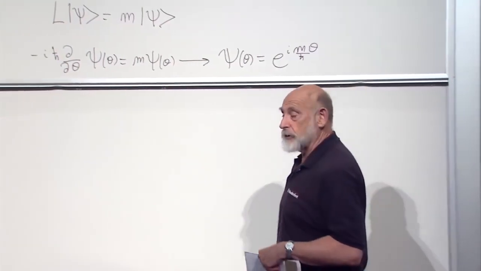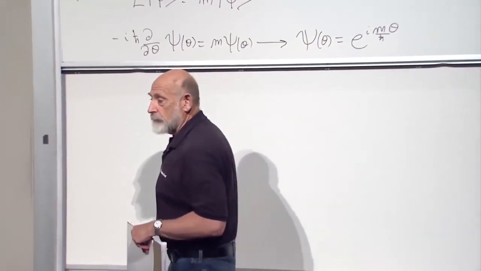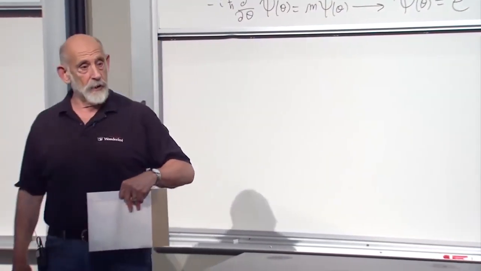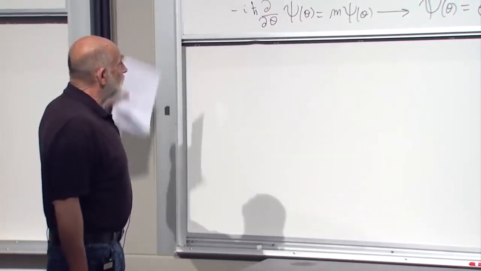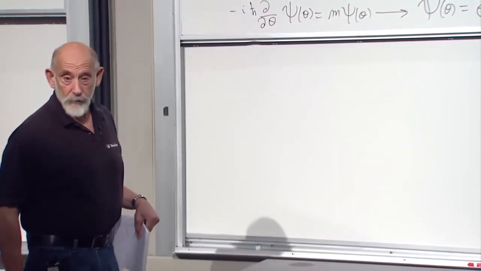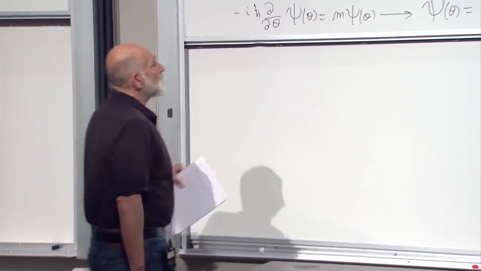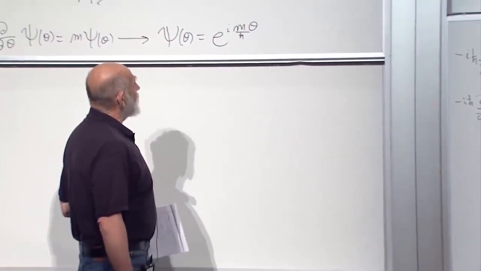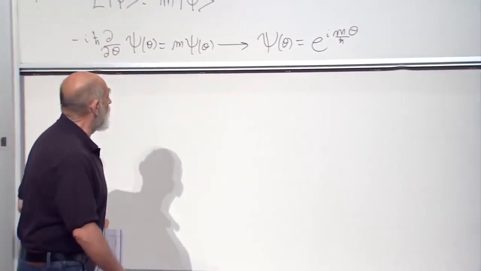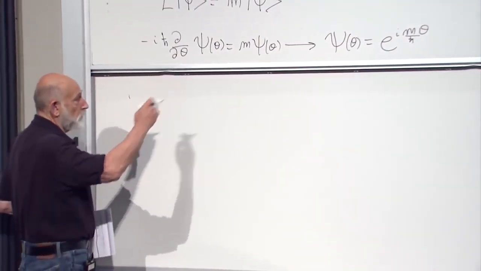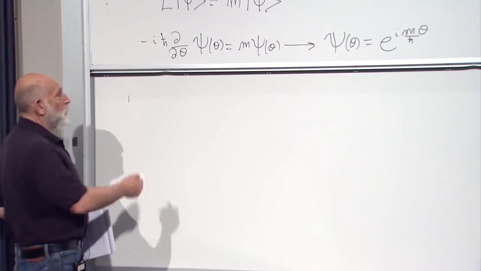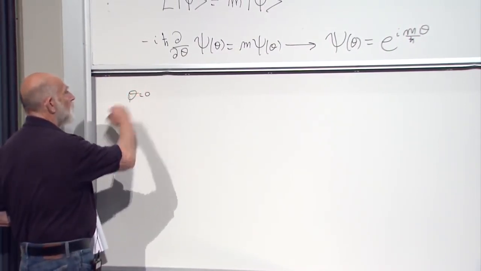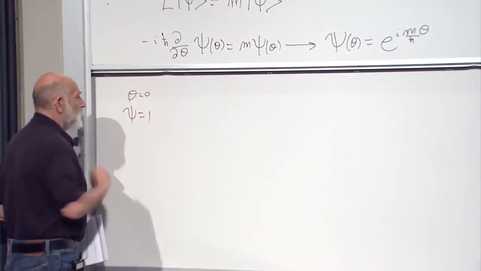And so if there's a sensible wave function, that sensible wave function should be unchanged if you go around the circle by 2 pi. So that says that e to the i m over h bar times 2 pi, well, let's see, first of all, the wave function for theta equals 0 is just 1.